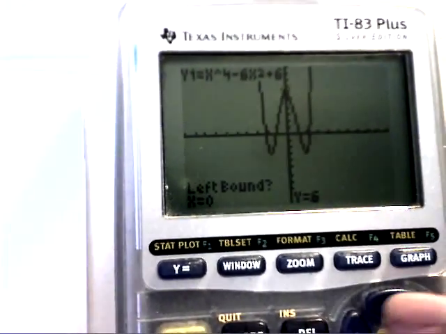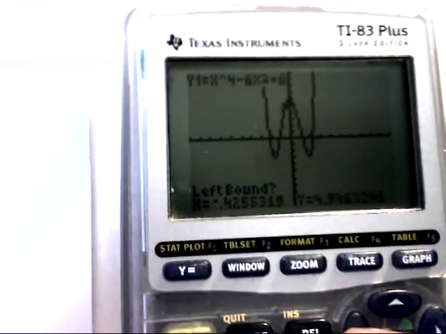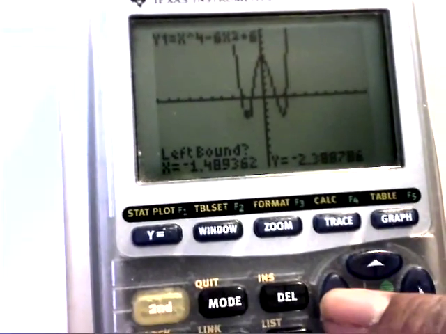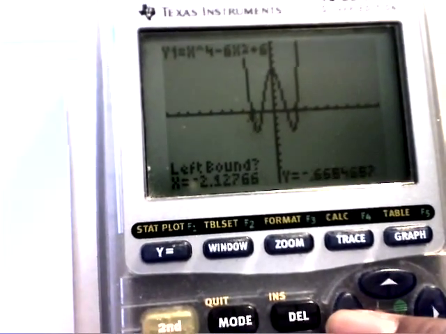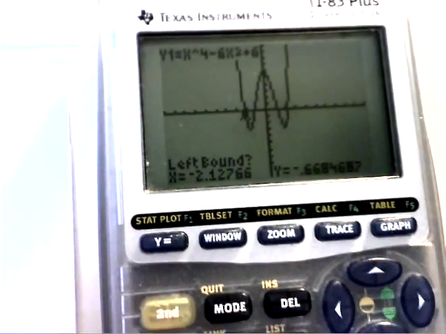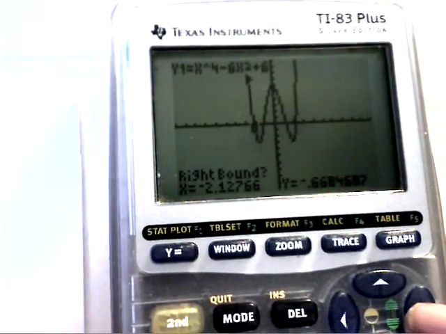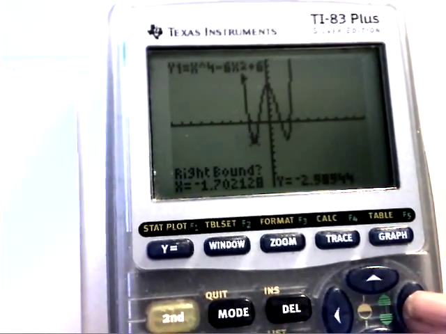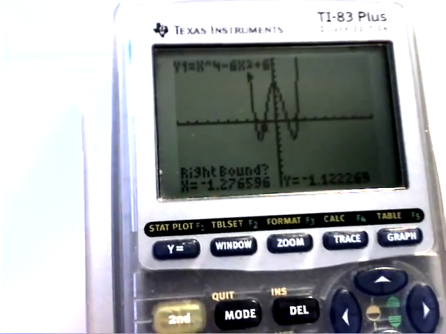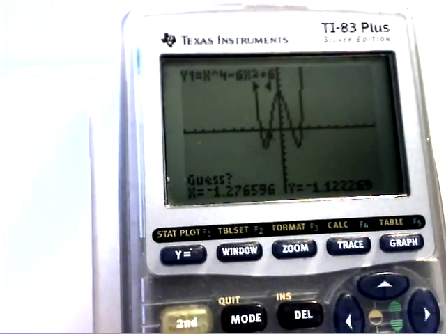Now the left bound, we want to use our left arrow key to position the cursor on the left-hand side of the lowest point of the graph, like I have here, and press enter. Then for right bound, you want to position the cursor on the right-hand side of the lowest point of that graph, and press enter.